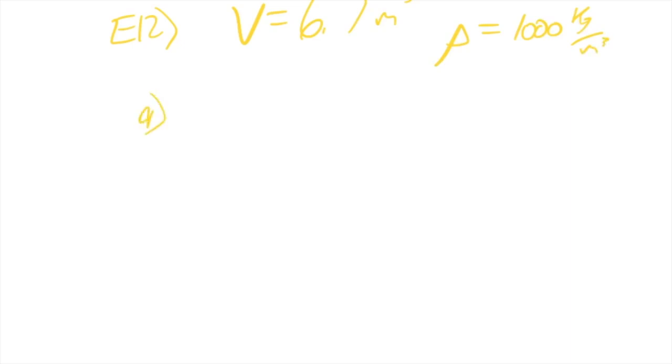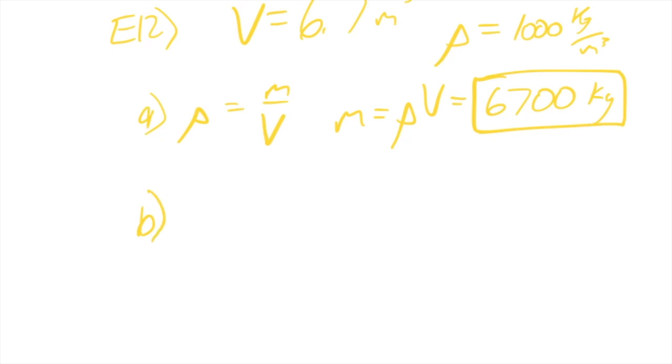Part A asks, what is the mass of water displaced? So density equals mass divided by volume. So the mass is going to equal the density times the volume. So we end up with 6.7 times 1,000, and we end up with 6,700 kilograms of water.